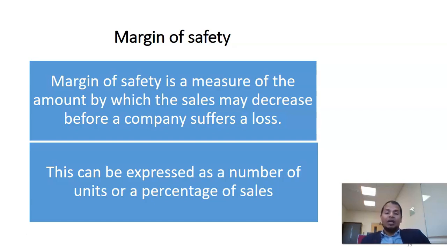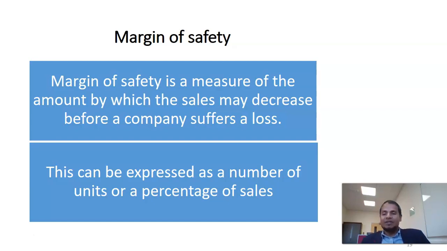So it can be calculated in volume, in number of units, or it can be expressed in terms of percentage. What percentage of sales is the company safe from loss? For example, if sales of the company decreased by 5%, then the company would be in loss.